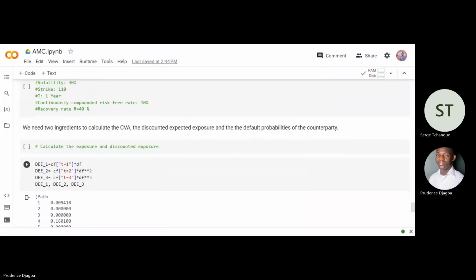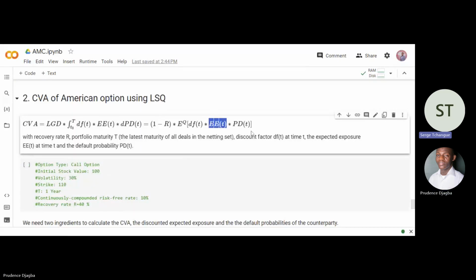I thought it's just the cash flow at t equal to 1. No, because it's EE_t. So you need to do EE_0, EE_1, EE_2, and EE_3. Because CVA is an integral over time, you need not only the value at 0.